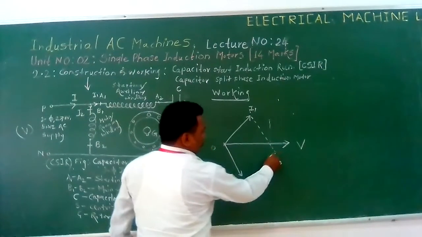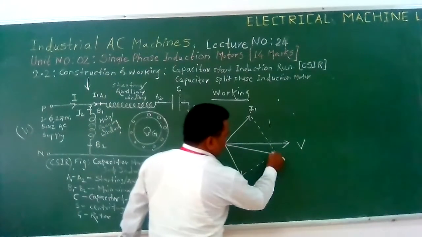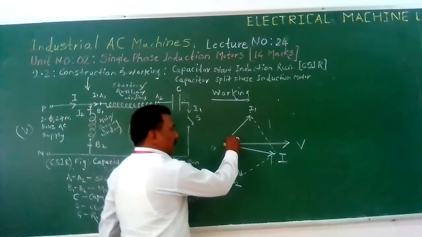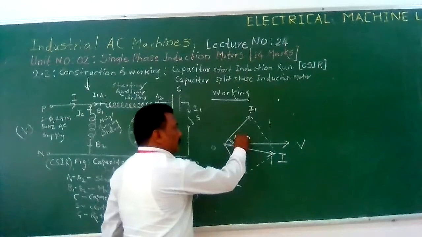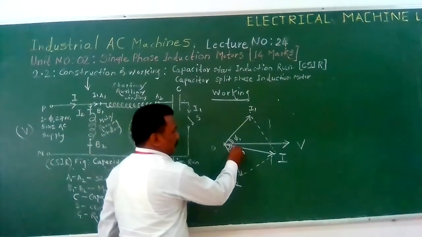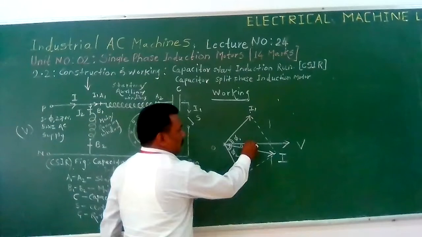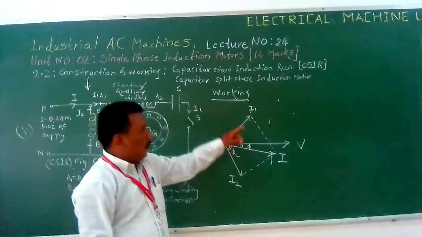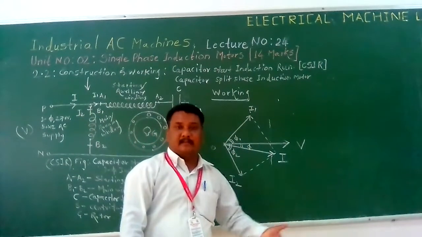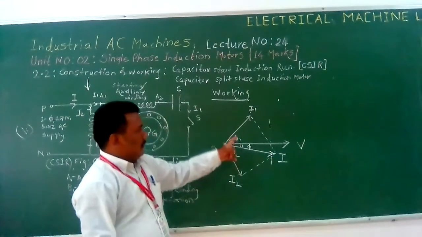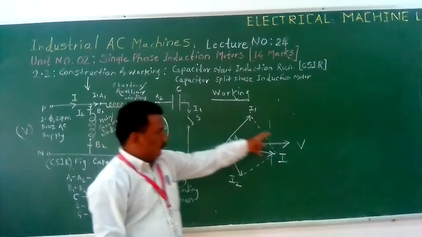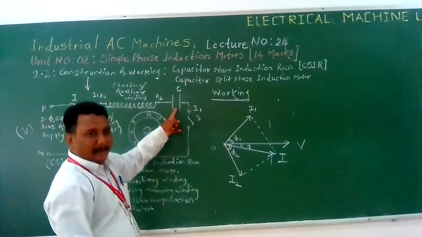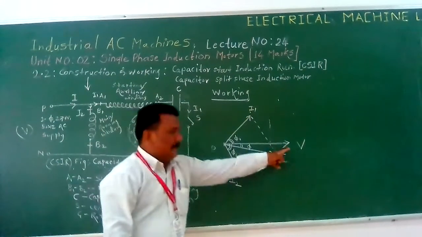And according to the law of parallelogram, here this angle is phi 1, this angle is phi 2, and the final angle is phi. This is the phasor diagram of the capacitor start induction run single phase induction motor, because the starting winding current is leading to the supply voltage or applied voltage, because the starting winding consists of a capacitor. So I1 leads V.